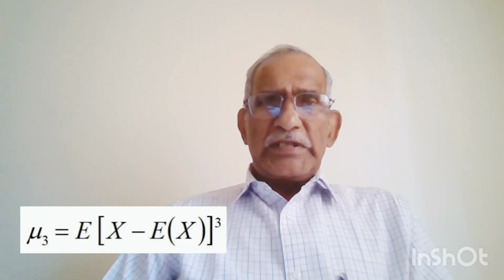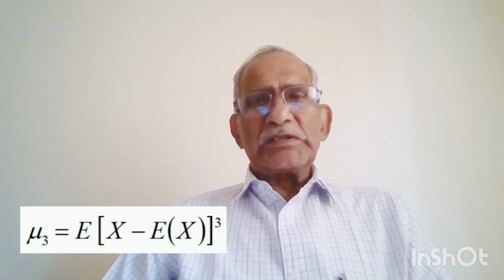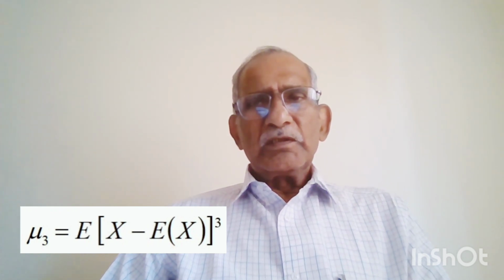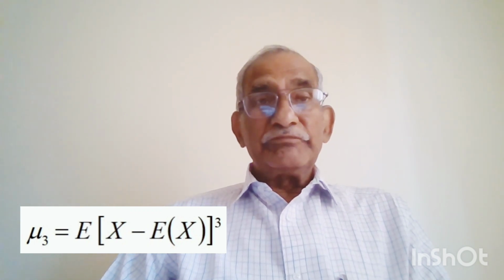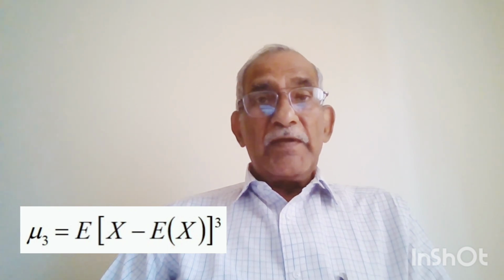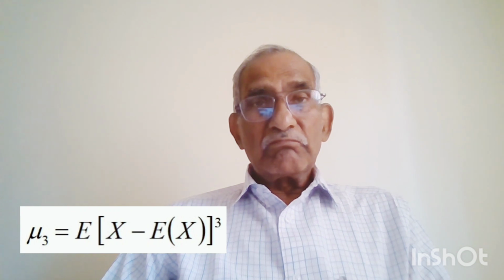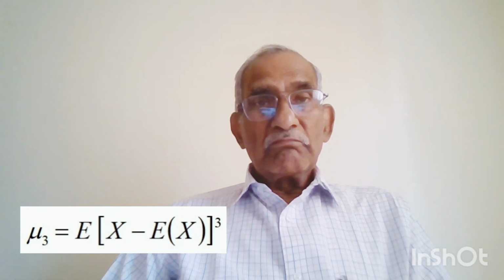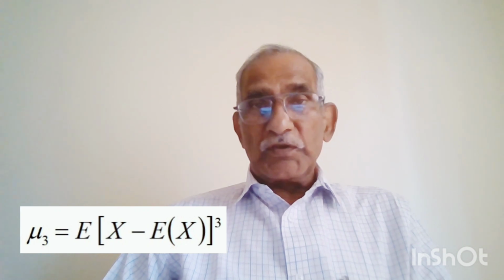It is true that the third central moment is sufficient to measure skewness, but it is not unit free, as it is defined as the average of the third power of deviations from mean. Mu3 equal to expectation of x minus expectation of x whole cube.